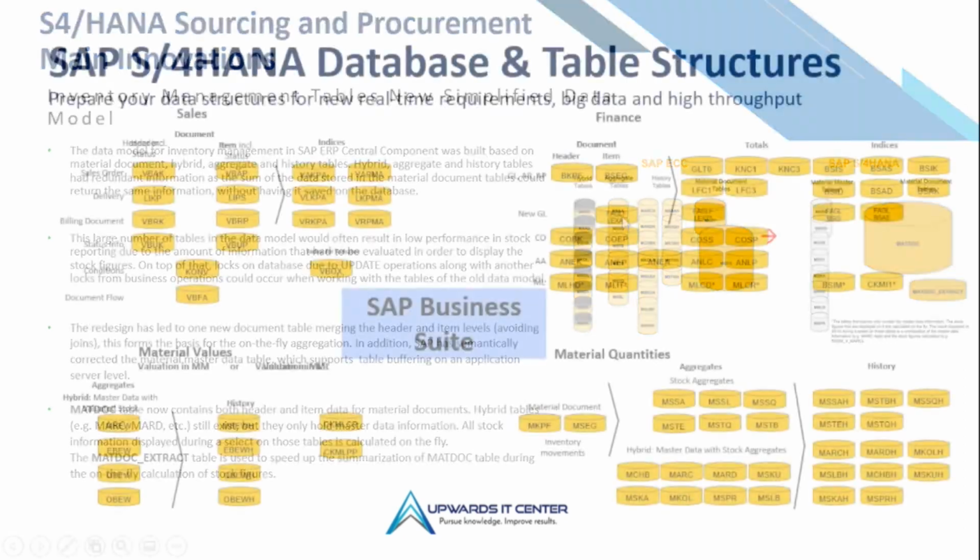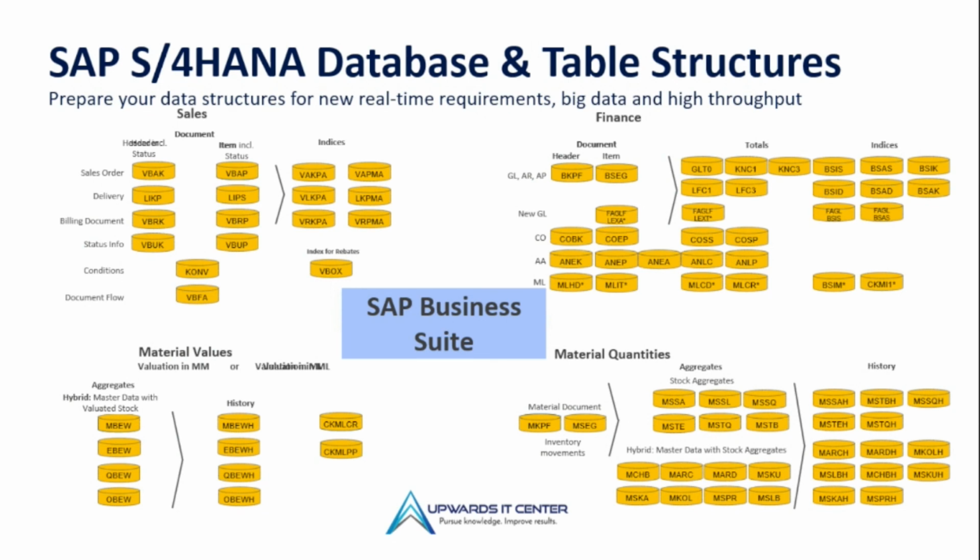Now in this slide we can see a simulation of the old tables compared with the new model. So let's see, here we can see the material quantities, the material document, inventory movements tables, the aggregate tables, the hybrid tables that have master data with stock information, the history tables, that basically are the same table but with historic information.